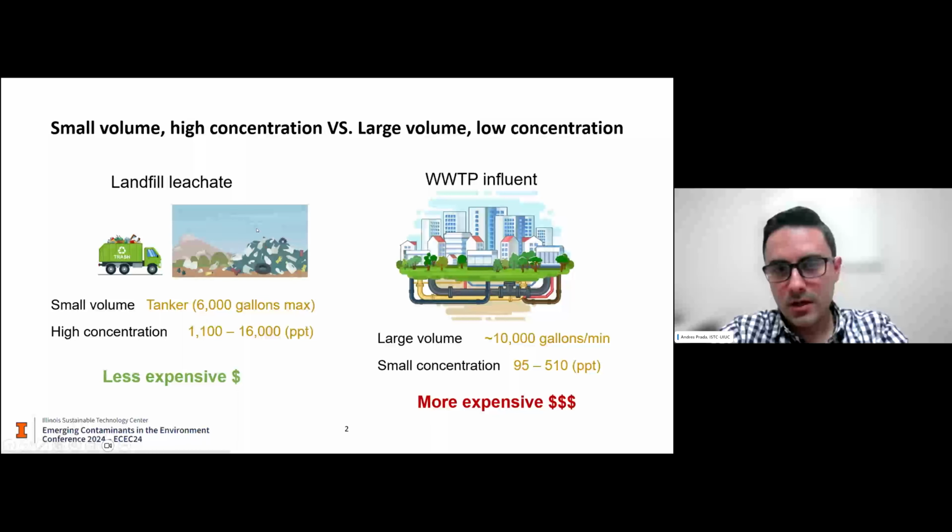In the case of the landfill leachate, it's usually transported to the wastewater treatment plant from the landfill in semi-truck tankers of a maximum of 6,000 gallons, whereas the influent for a small, medium-sized wastewater treatment plant is around 10,000 gallons per minute.